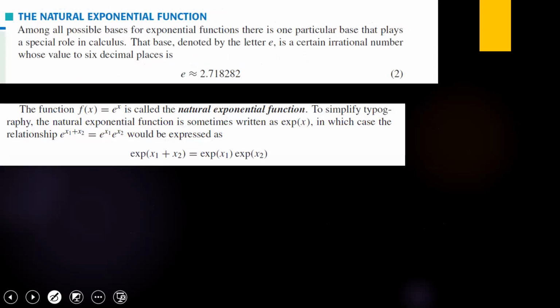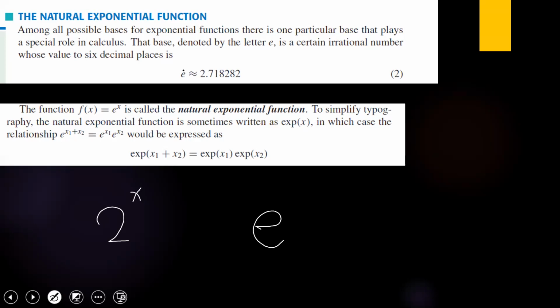Now, let's talk about a particular base of the exponential function, which we call the natural exponential function. Here, in the exponential function with a base b, we say that we have a number to the power x. In the natural exponential function, I have to use an irrational number, which we call e. This one is equal to 2.718282, as you see.